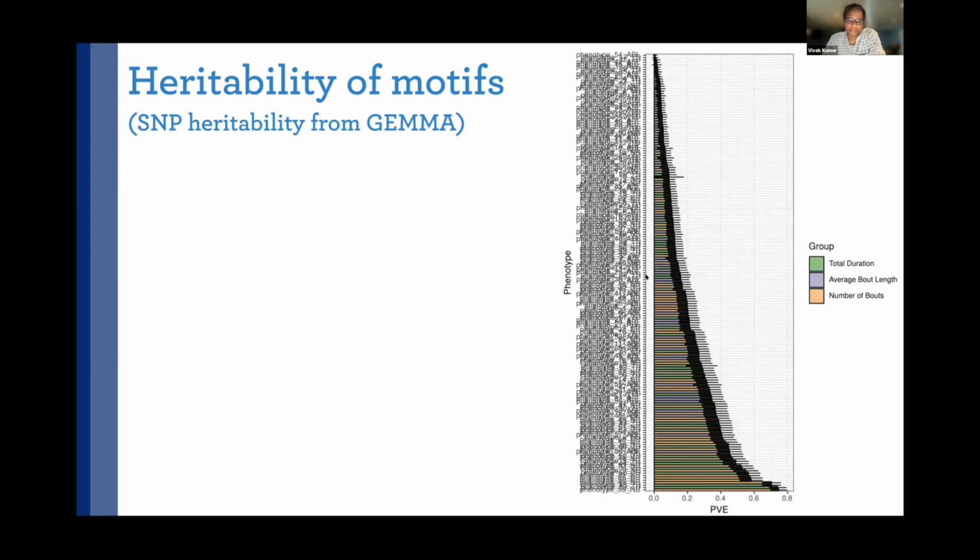In the end, what we need to do is improve our algorithm and try to eliminate some of these low heritability motifs. I think we're just not getting enough information about what the mouse is doing, and that's leading to noisy behavior annotation here. So that's where we are with this.